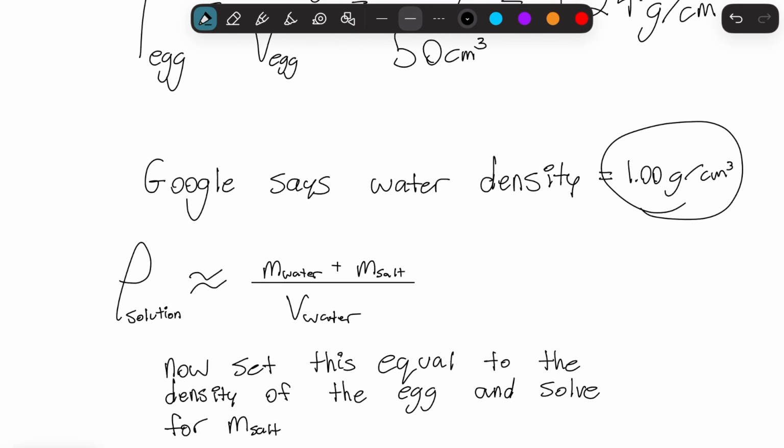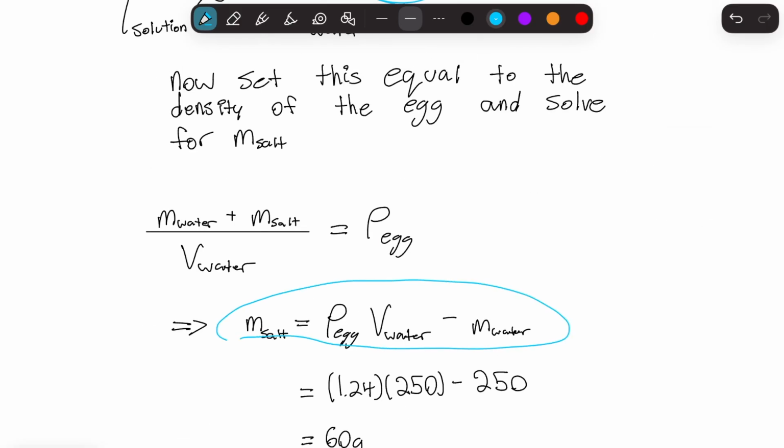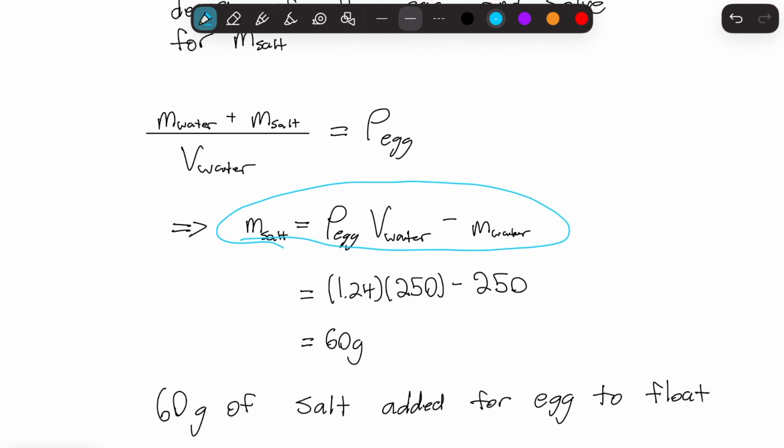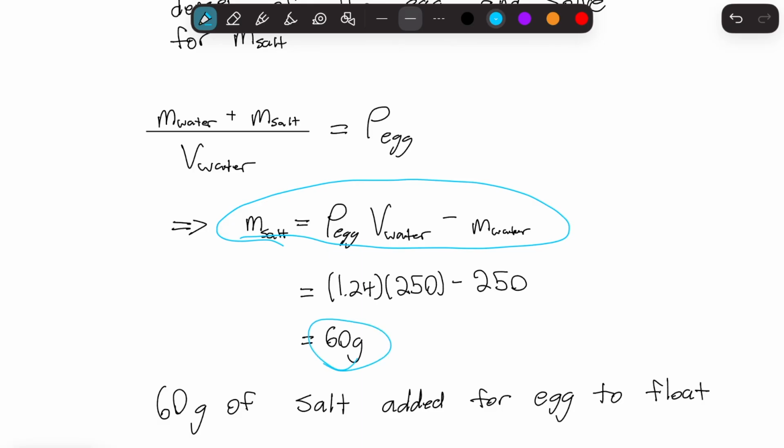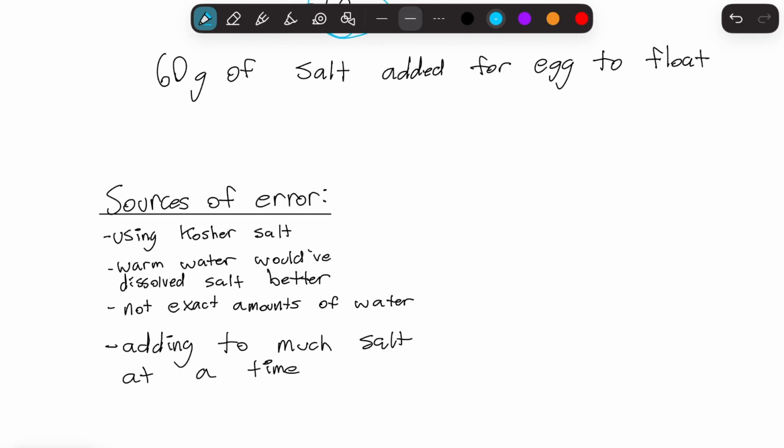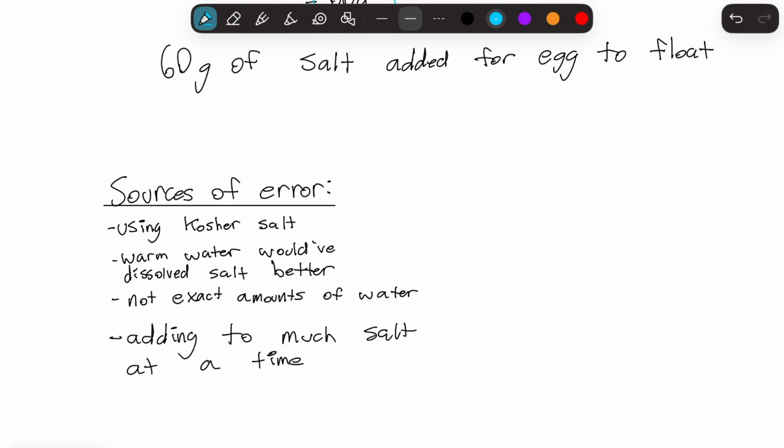So the density of the solution is this formula right here. What we're gonna do is set this equal to the density of the egg and then solve for the mass of the salt. We got salt equals this, and plugging in the numbers, we got about 60 grams of salt added for the egg to float. Here are some of the sources of error to the experiment.